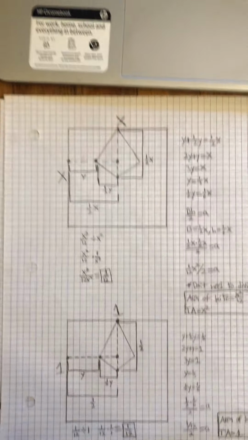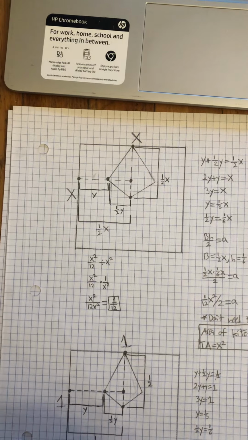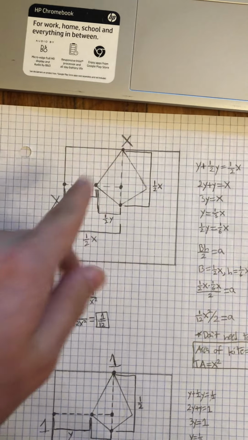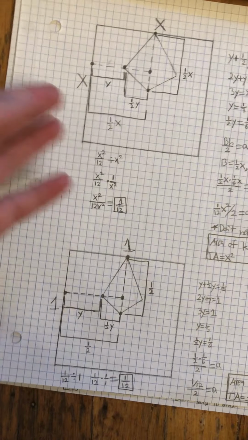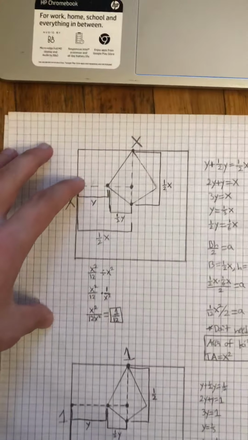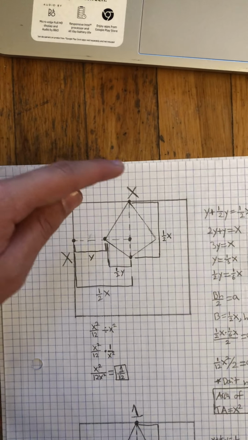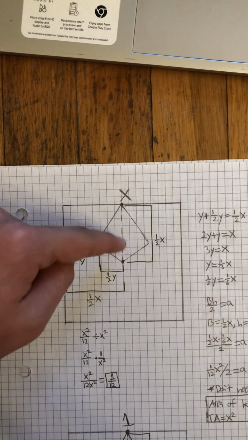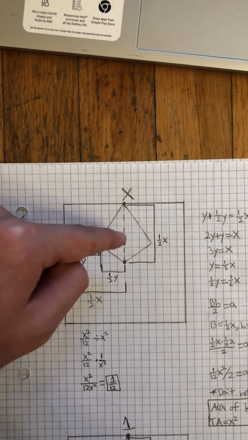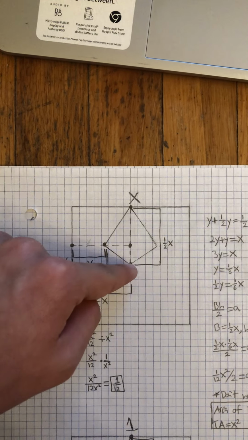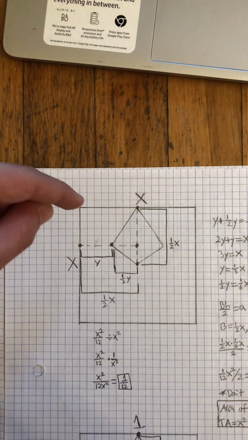I did this in two different ways. The first way: because it's a square, you could really have used any value. I did x by x, and I did 1 by 1. You could do 200 by 200 if you wanted. I'm going to show you the x by x, and hopefully you'll understand it. We know the base of the triangle is 1/2 x, because this point is the center of the square. We need to find the height.